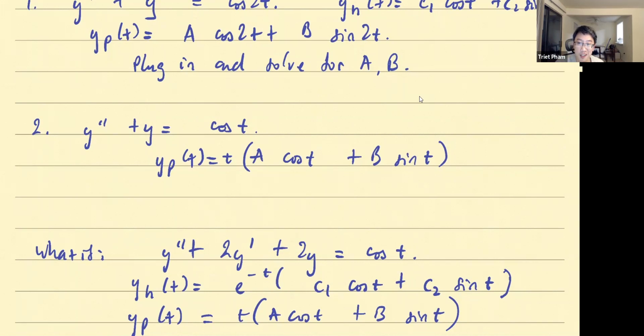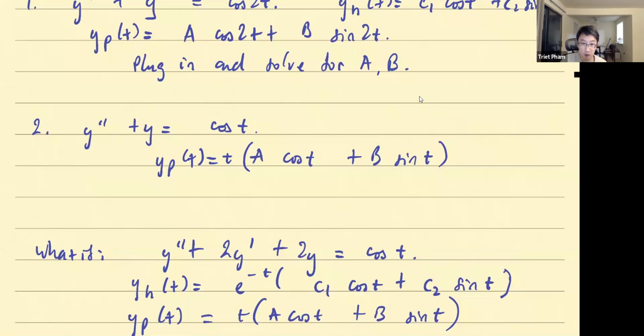Well, resonance is long term. There's nothing like long term or short term here either. So what does resonance mean? Resonance means that the amplitude of the oscillation goes to infinity as t goes to infinity.